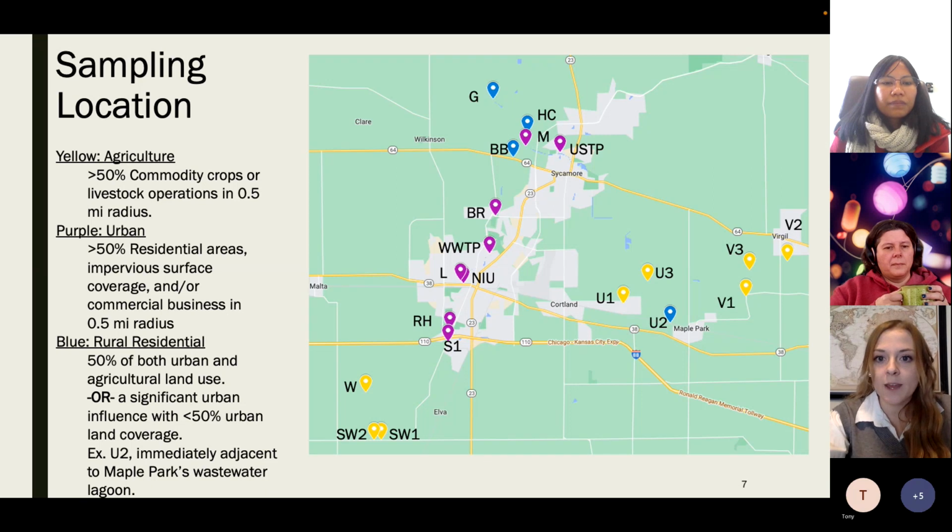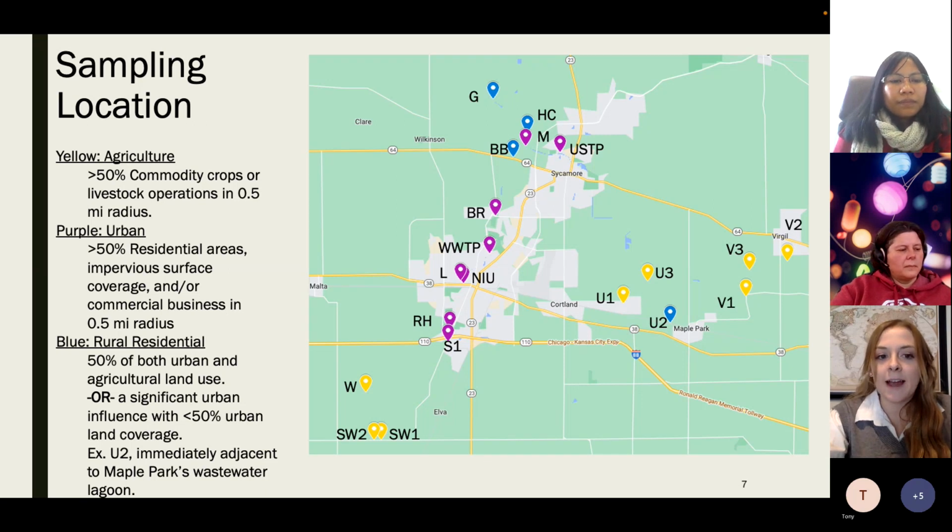And then there are 4 blue locations that represent rural residential land use. These were sites that had either 50-50% coverage of commodity crops or impervious surface coverage, residential areas, or commercial businesses. But this category also contained some areas that had large urban influence despite being surrounded by commodity crops.